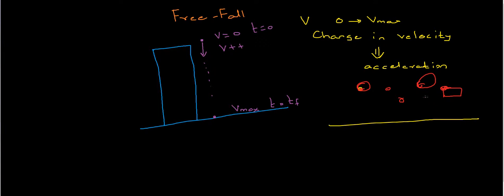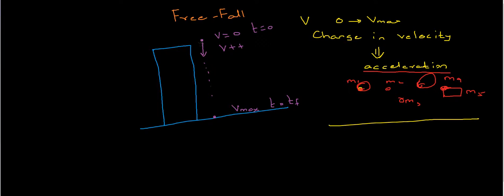Provided that the objects are near the surface of the earth, all the objects are gonna experience the same acceleration, irrespective of their masses. So the masses are different over here, but the acceleration due to gravity is gonna be the same.